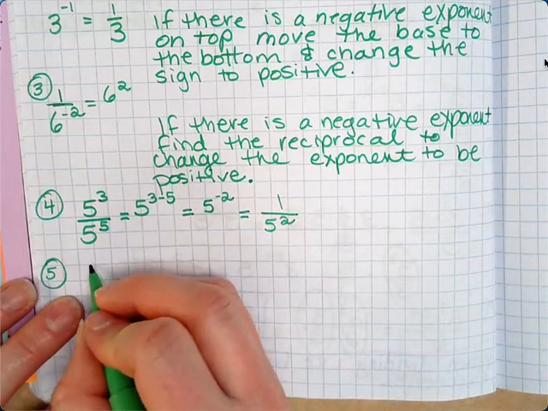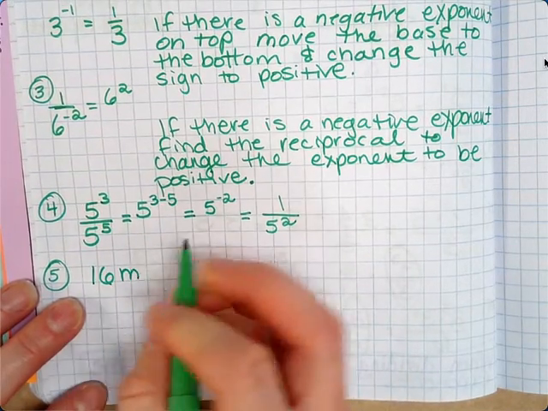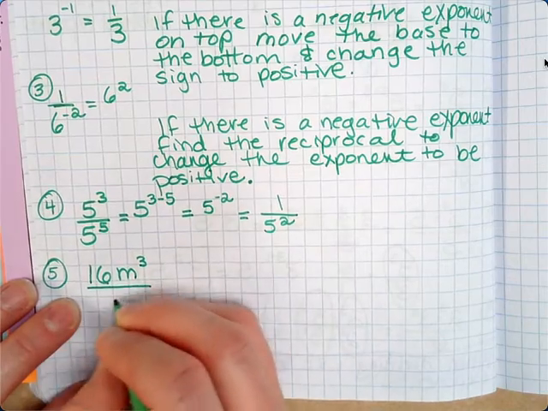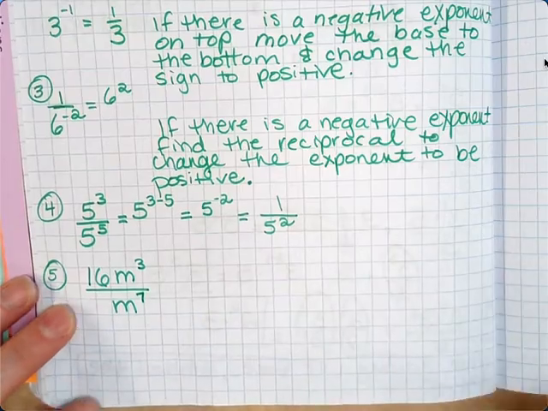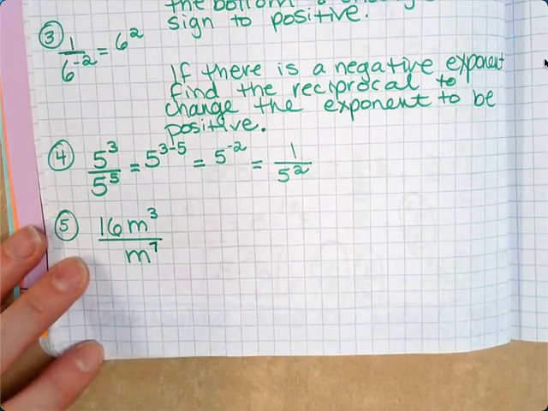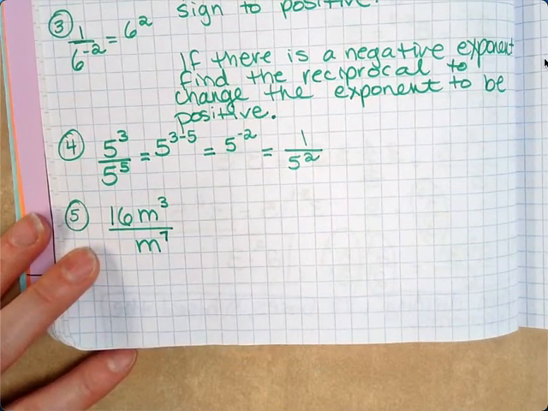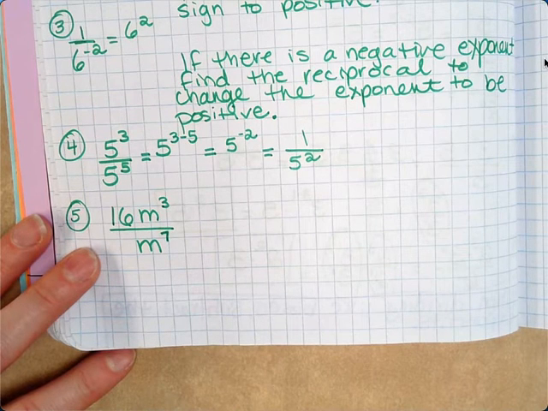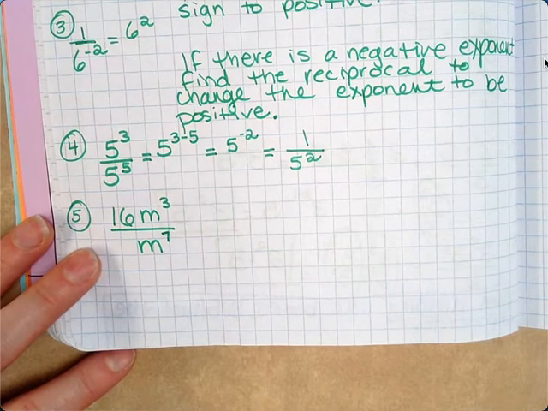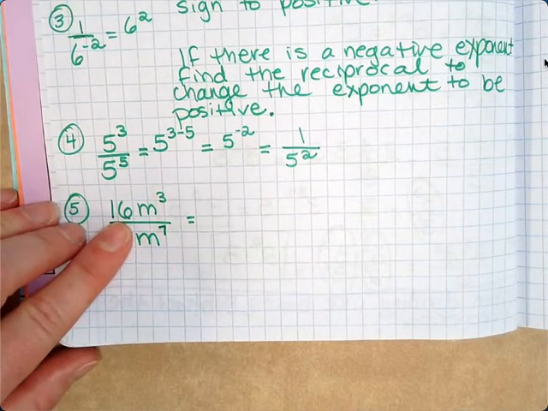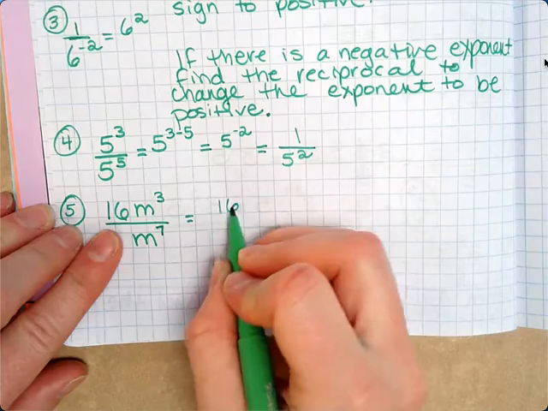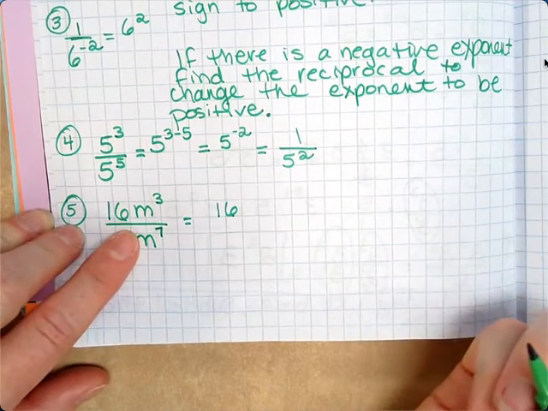Okay, let's do 16 m cubed over m to the 7th. Do we do anything with the 16? No. So let's leave 16 up front. What about with the m's?